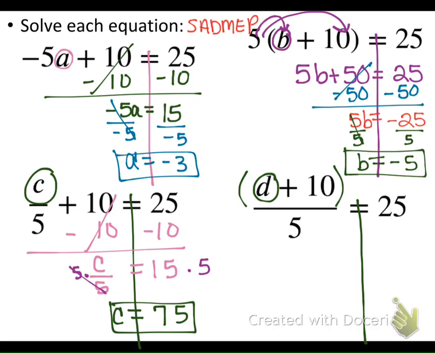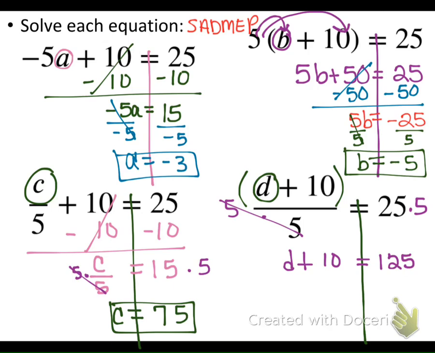So what do I have to get rid of first, Damon? All right, -5. Okay, so what's the opposite of divide by 5? Multiply. And then we know our golden rule, whatever I do to one side, I do to the other. So on my left side, when I bring down the D plus 10, because it's only one step from here, I don't have to have the parentheses. And then what's 25 times 5? 125.